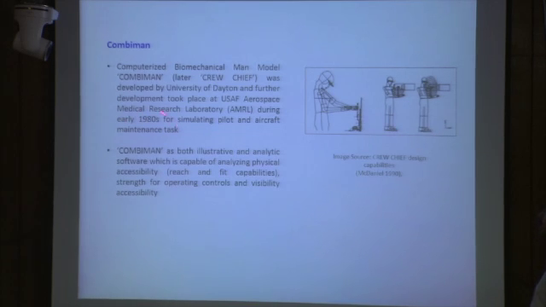So in the 1980s CombiMan software came. CombiMan is both illustrative and analytic software, capable of analyzing physical accessibility, reach and fit capabilities, strength for operating controls, visibility, accessibility, etc.